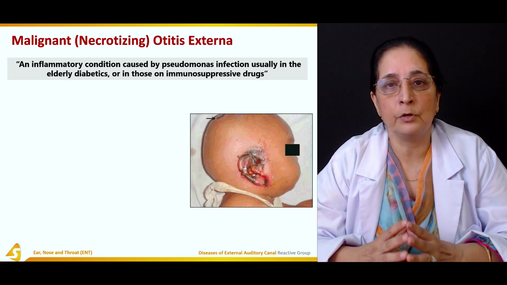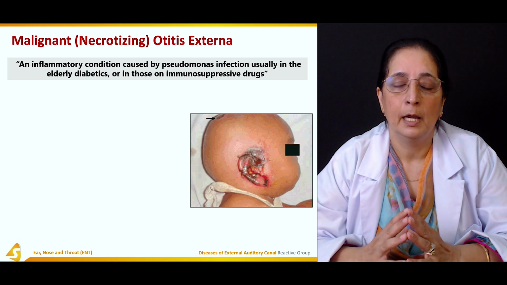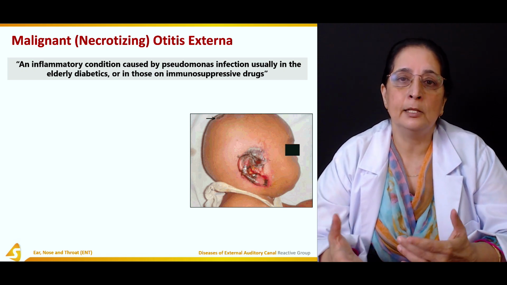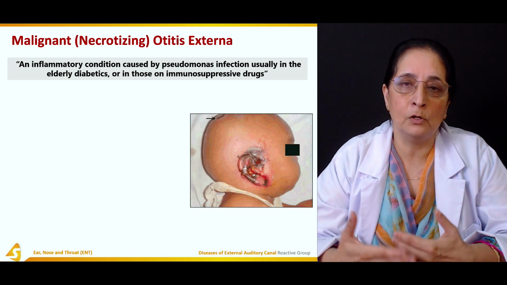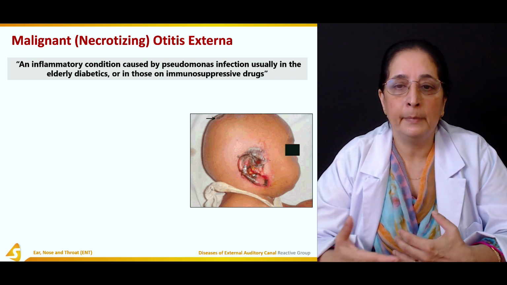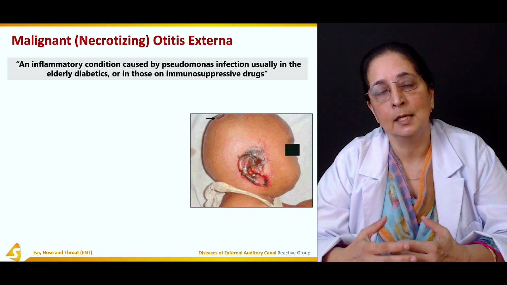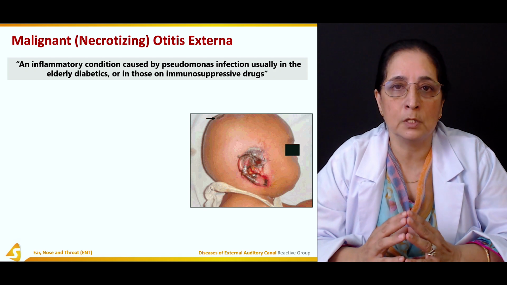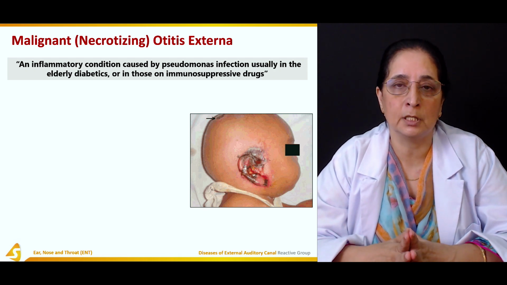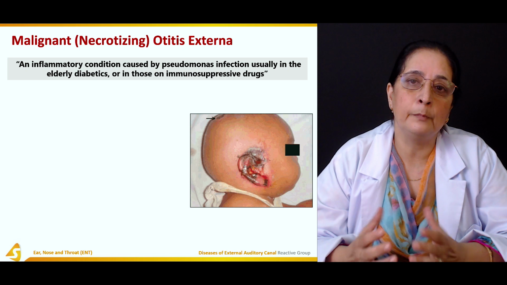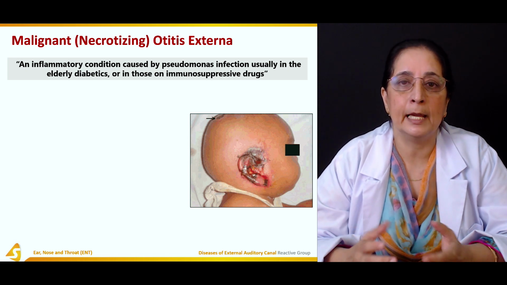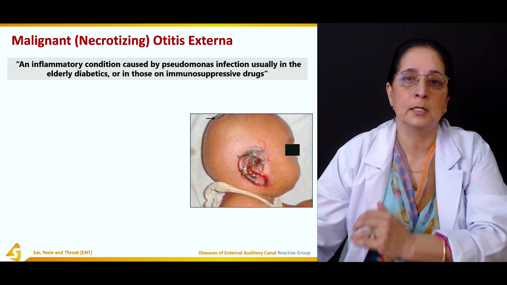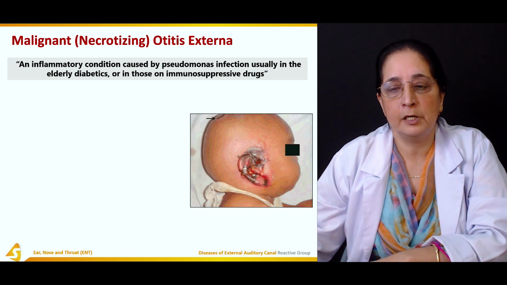Their immune system is low, and when the infection is present, that infection can be very, very serious or life-threatening. So this necrotizing infection is caused by a Pseudomonas infection, and in a normal healthy patient with a normal immune system, maybe it's not as serious, but when this infection is present in immunosuppressed patients or patients who are using immunosuppressive drugs, it can be very serious, and it's necrotizing, meaning it causes death of the different tissues.